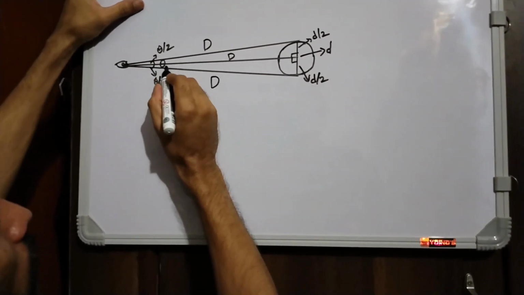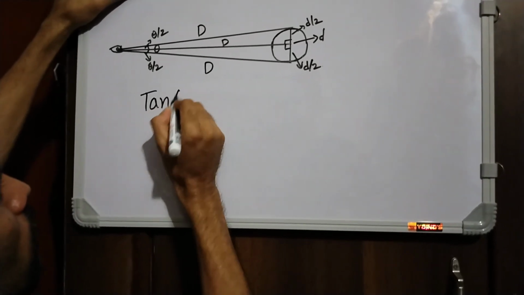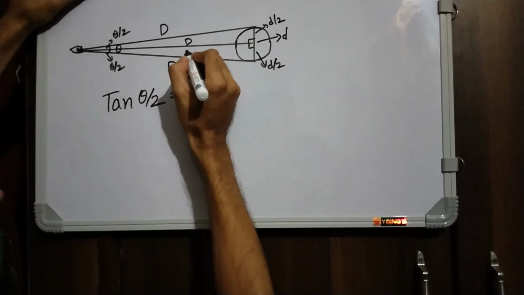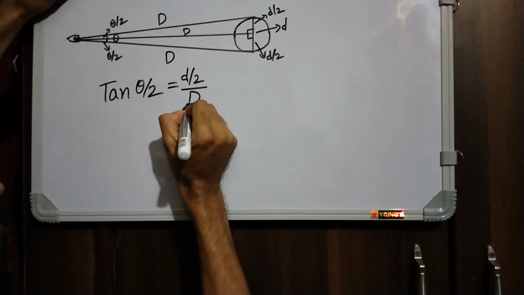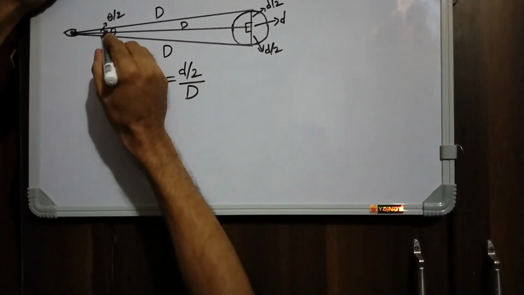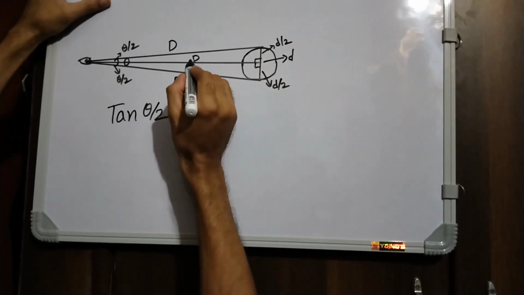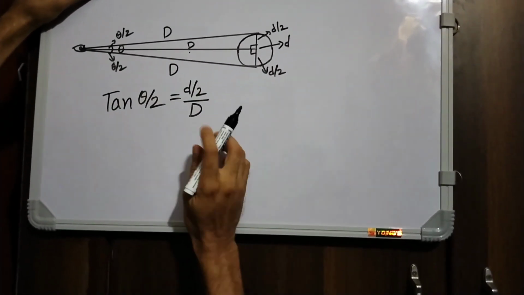I can measure it by tan theta by 2 is equal to opposite side by adjacent side. That means d by 2 divided by capital D. This is tan theta by 2.